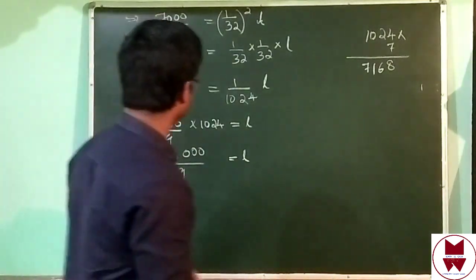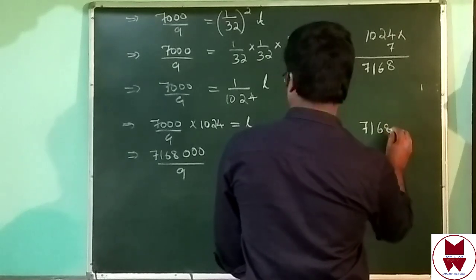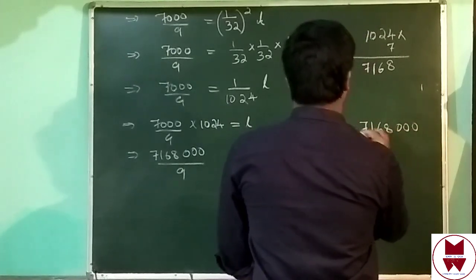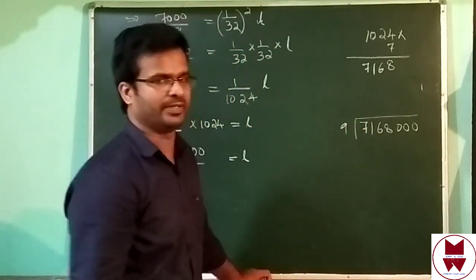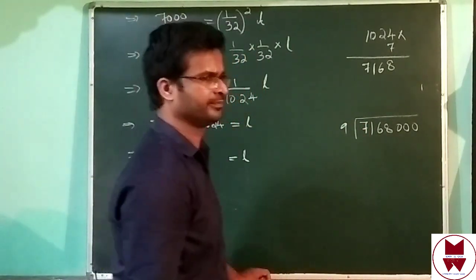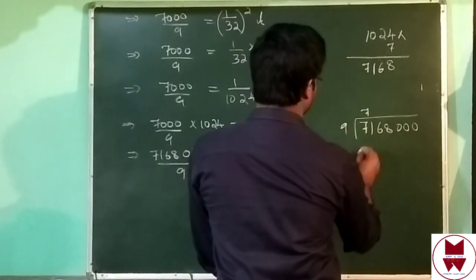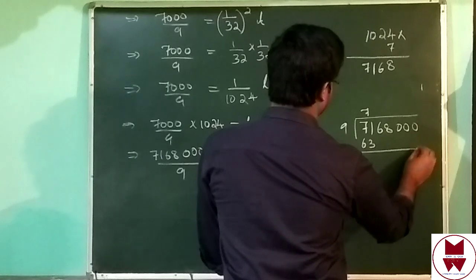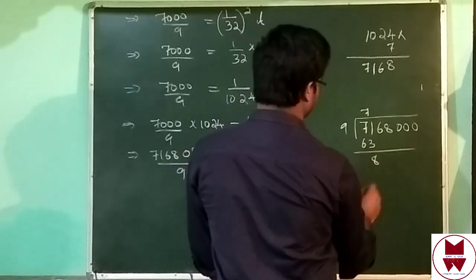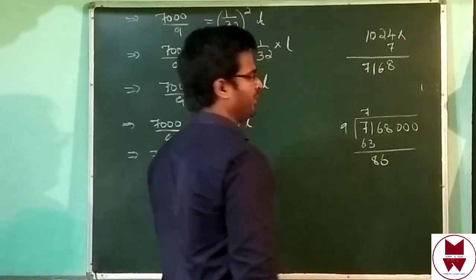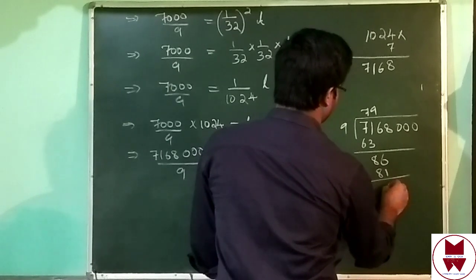Then divide 7 1 6 8 and 3 zeros by 9. In 71, how many times 9? We will get 7 times. 7 into 9 is 63. Then 71 minus 63, I will get 8, then bring down 6, 86. In 86, 9 times is 81, 5, 8.